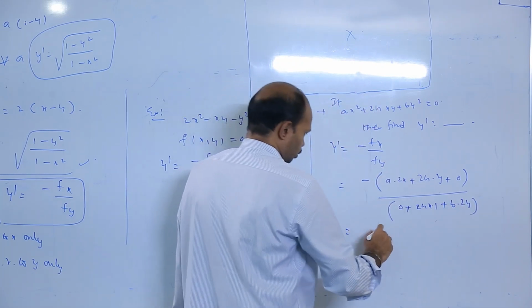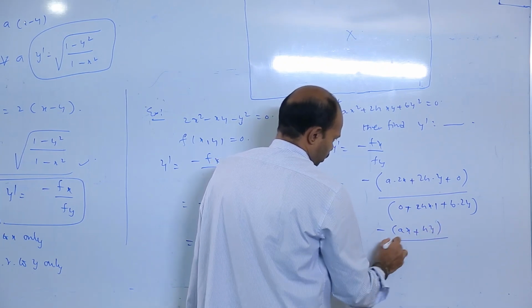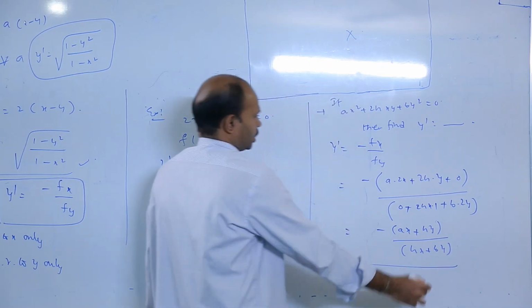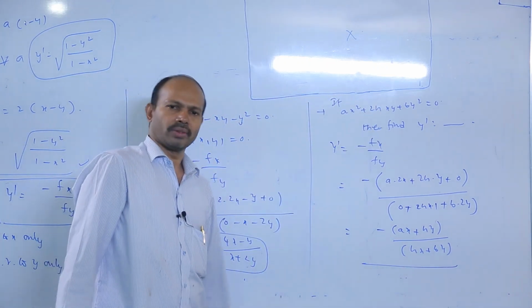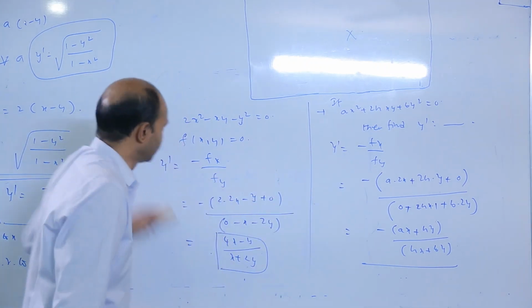Cancel the scalar 2 and the remainder is minus of ax plus hy by hx plus by. So like that we can get the answer whenever it is in the form of a function of x and y, non-homogeneous or homogeneous, whatever it may be.